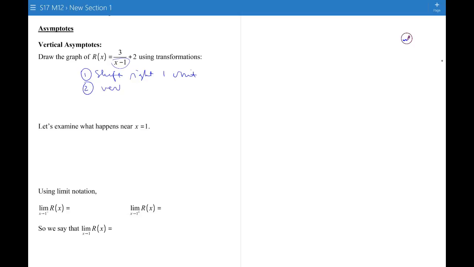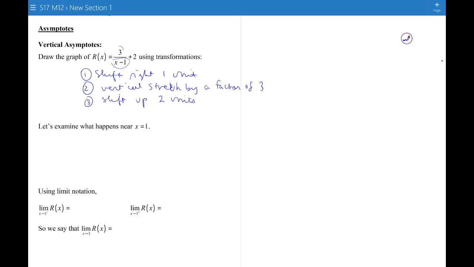Then we're going to have a vertical stretch by a factor of 3. And then we're going to have shift up 2 units.